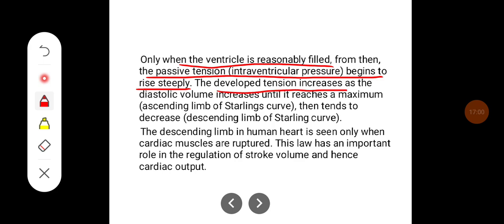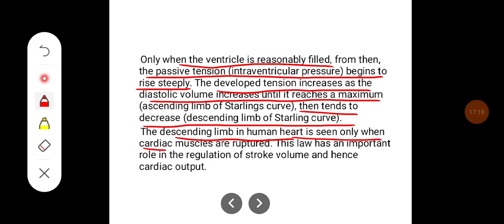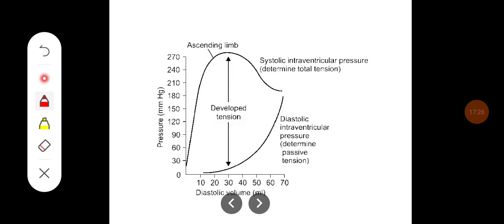The developed tension increases as the diastolic volume increases until it reaches a maximum, and then tends to decrease. That is the descending limb of the Starling curve. The descending limb in the human heart is seen only when the cardiac muscles are ruptured. This law plays an important role in the regulation of stroke volume and hence the cardiac output.